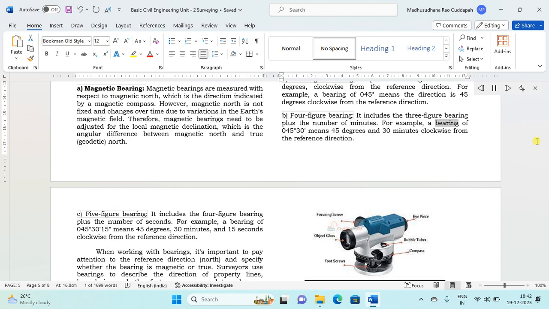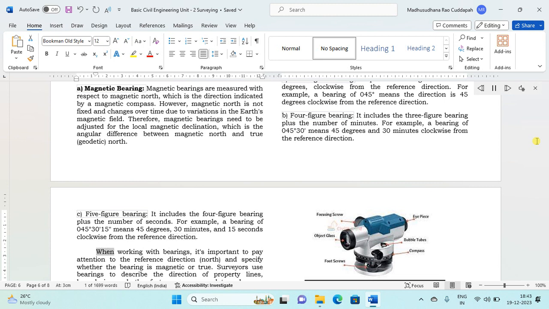For example, a bearing of 045 degrees 30 means 45 degrees and 30 minutes clockwise from the reference direction. C. Five-figure bearing. It includes the four-figure bearing plus the number of seconds. For example, a bearing of 045 degrees 30-15 means 45 degrees, 30 minutes, and 15 seconds clockwise from the reference direction.